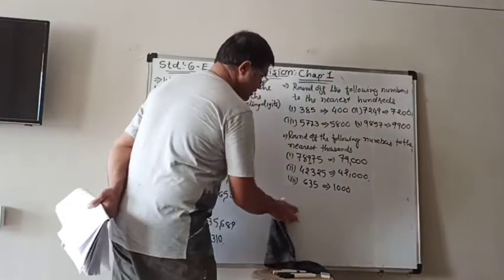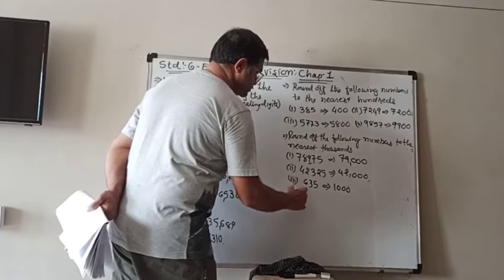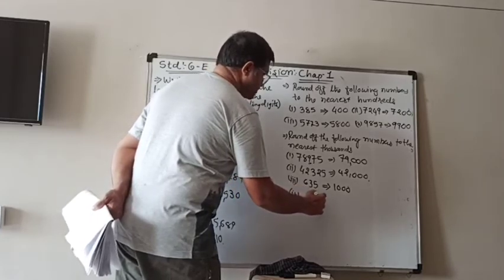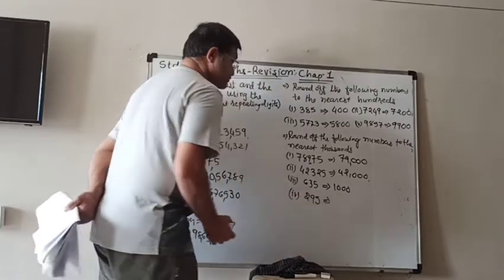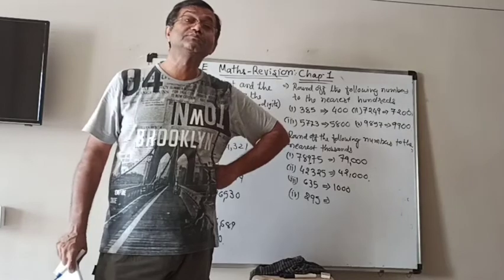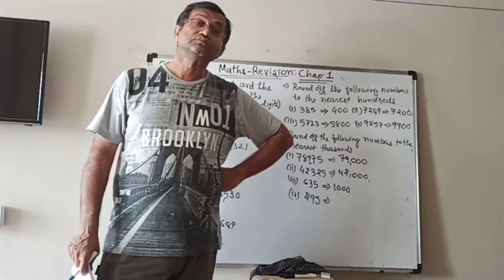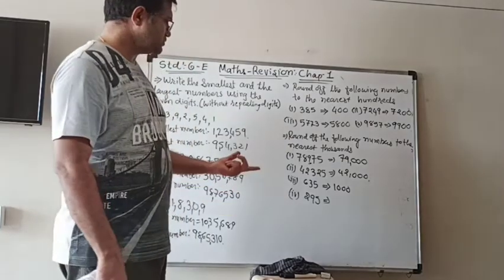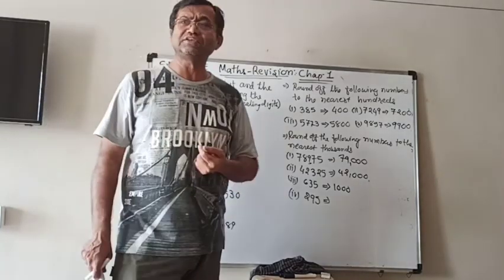But what about this now? 295. What is the round off of this number? Difficult? Actually not difficult.